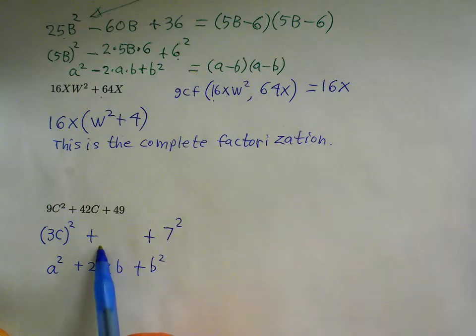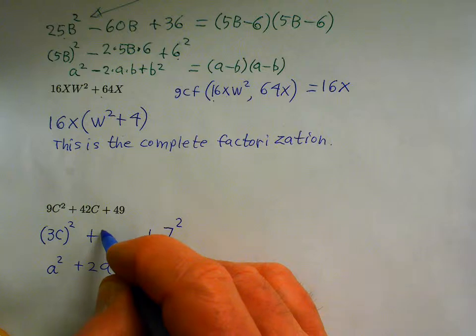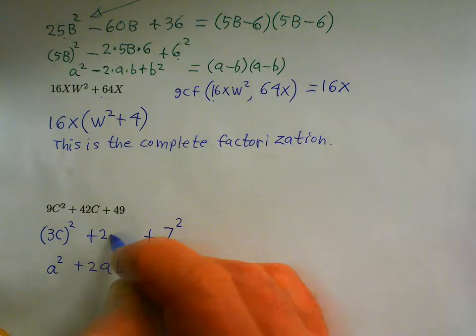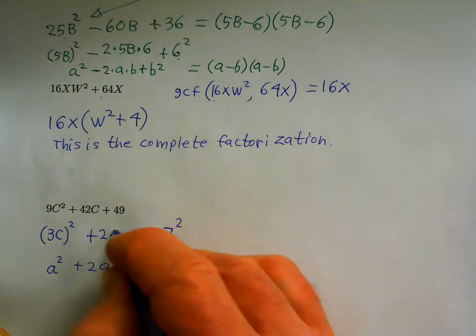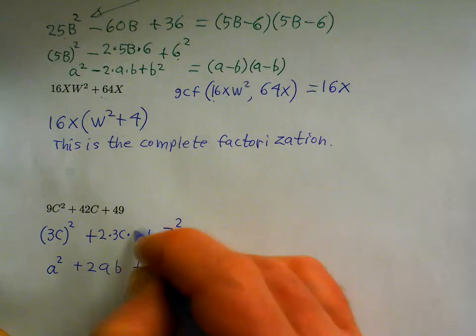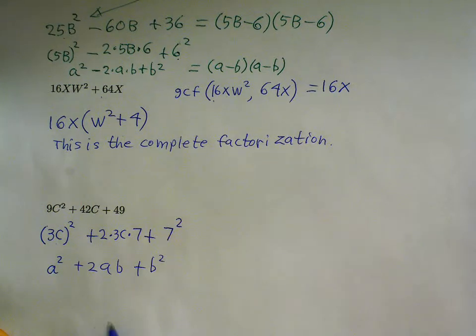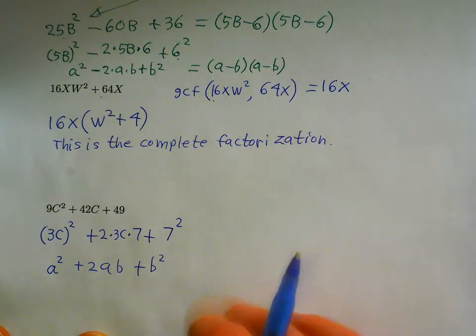If it has the form of a perfect square trinomial, then the middle term is plus 2 times 3c times 7. 2 times 3c is 6c, and 6c times 7 is 42c. So that verifies that it is a perfect square trinomial.